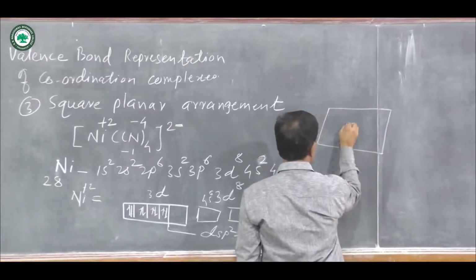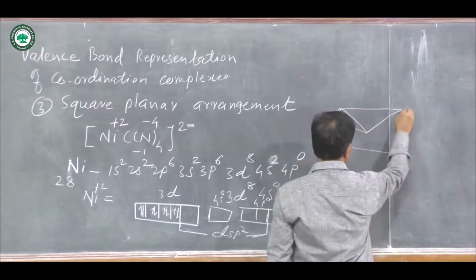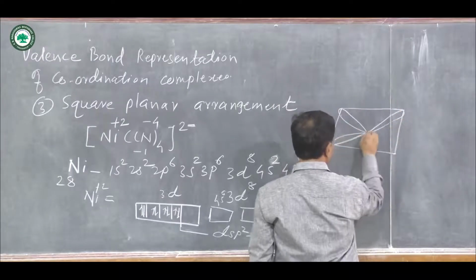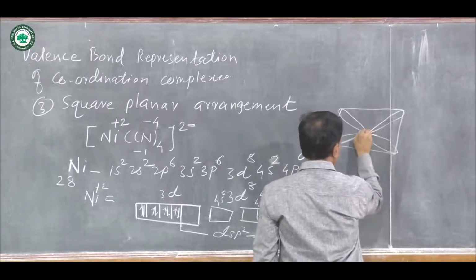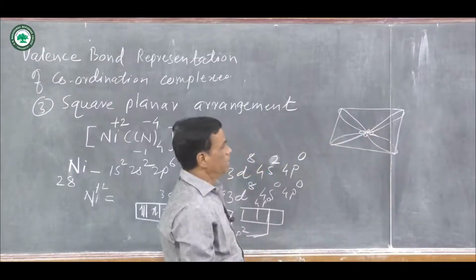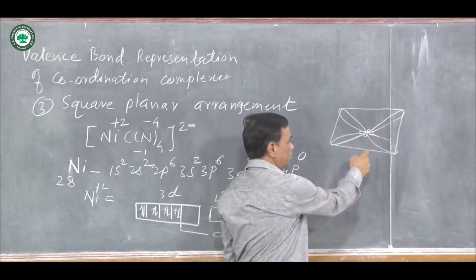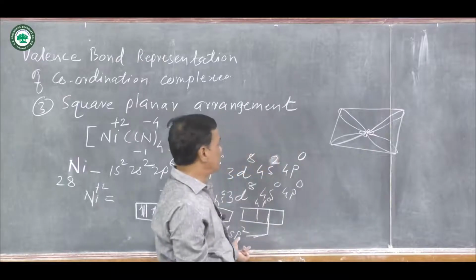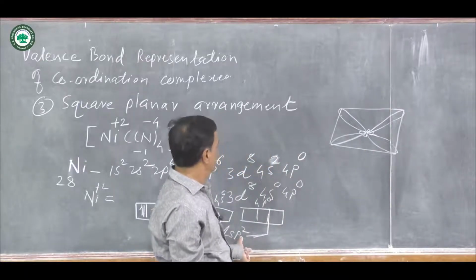At the center position there is a metal ion. Then these are the 4 dsp2 hybrid orbitals.